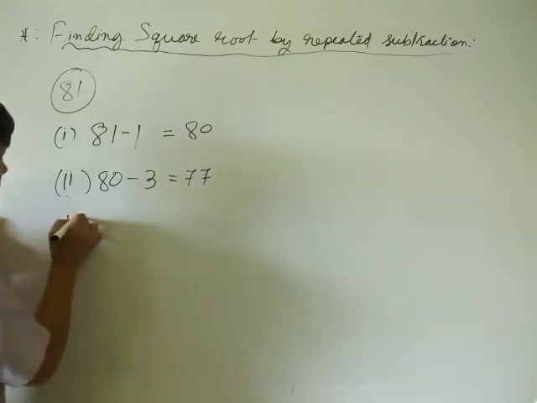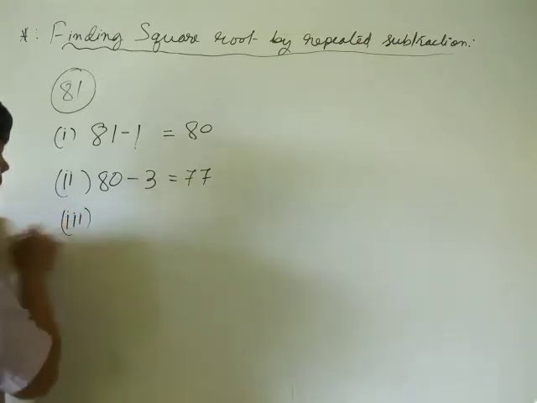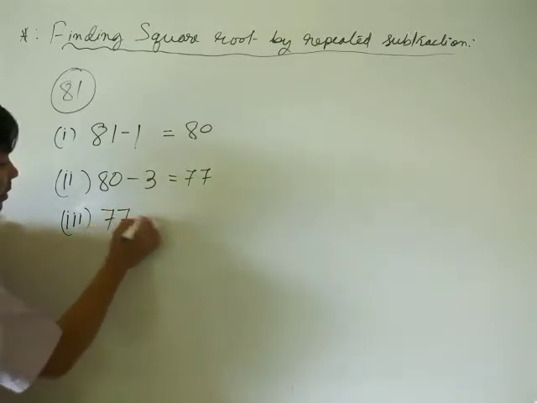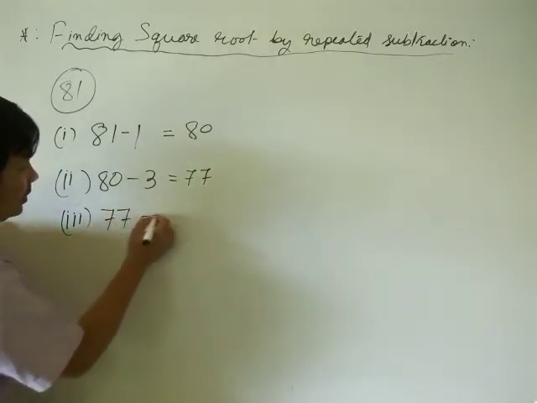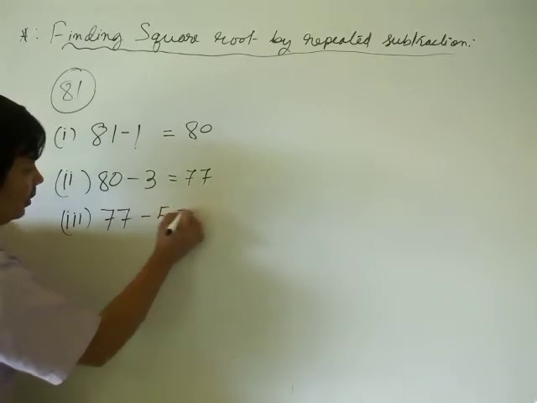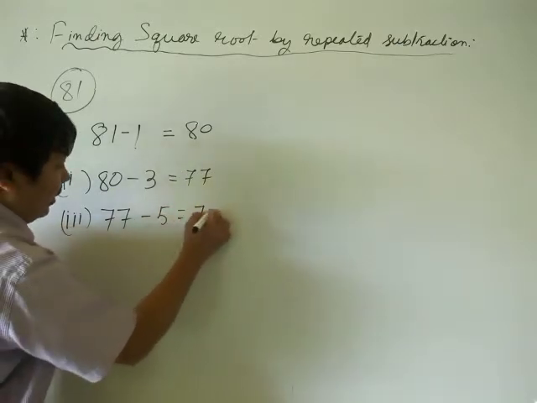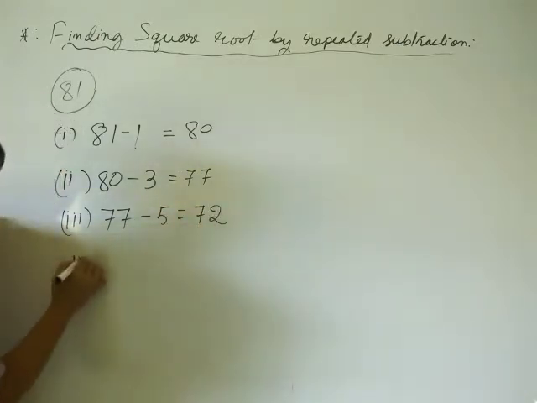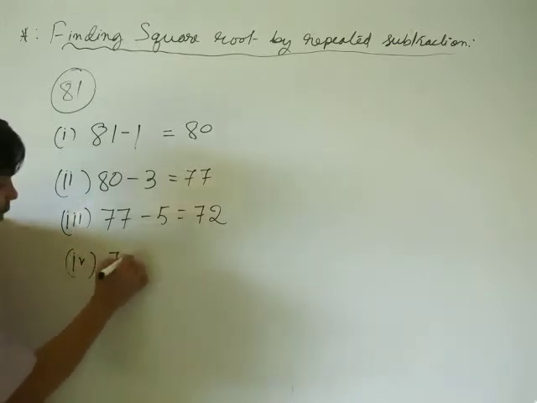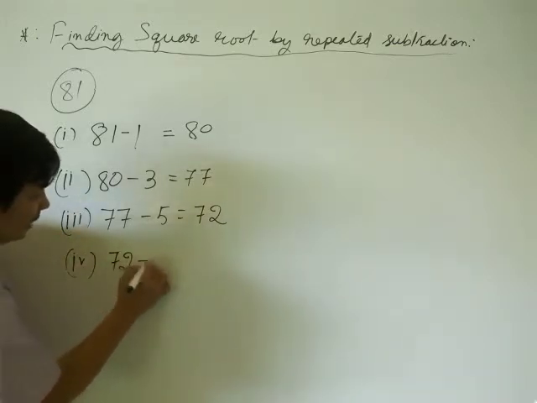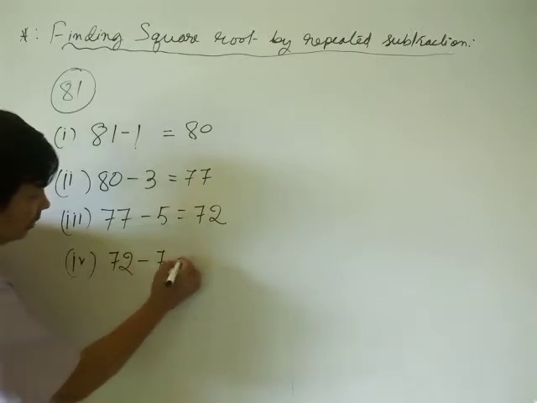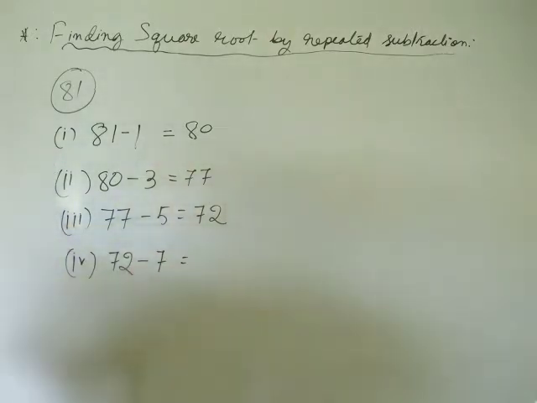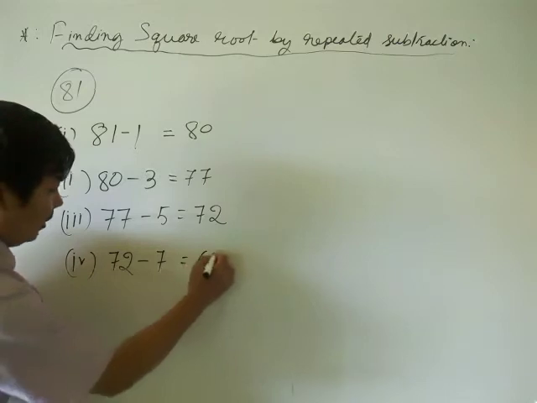Then step number 3, we get 77 minus 5, then we get 72. Then step 4, 72 minus 7. And how much do we get here? We get 65.